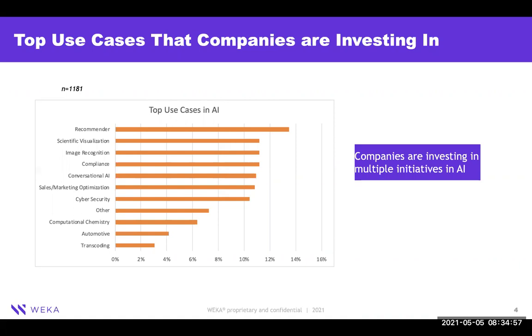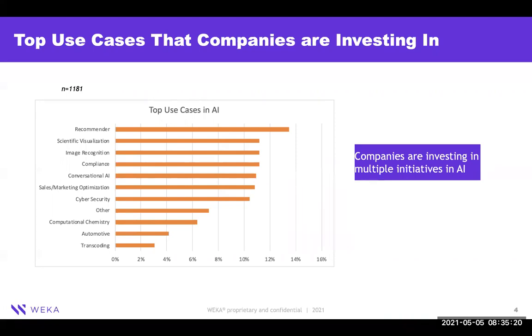As I mentioned, we sent that questionnaire to more than 500 organizations. We have more than 1,000 answers here, which actually means that some organizations have multiple use cases. So what are the top use cases in AI according to that questionnaire from existing environments?